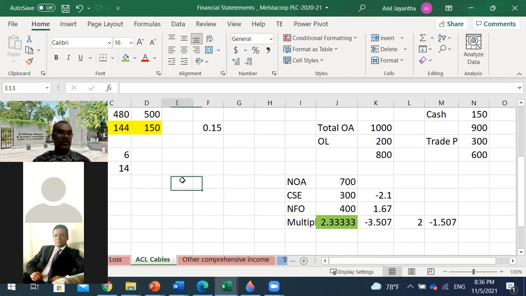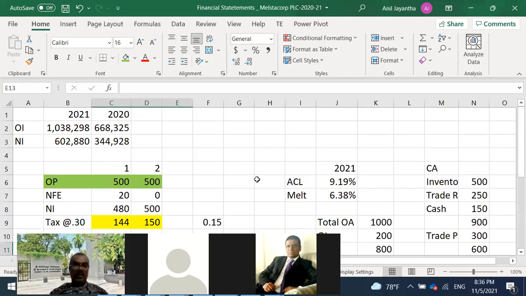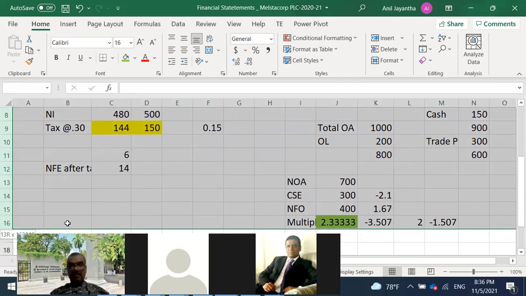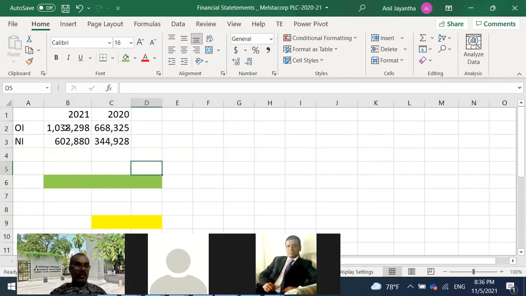Just do the calculation quickly. These are ACL Cables: 2021 operating income, net income, and what else do you want?